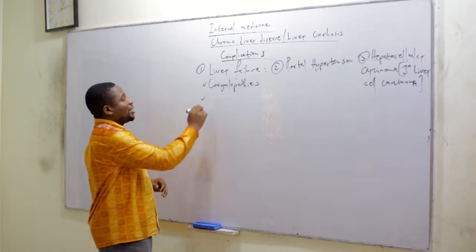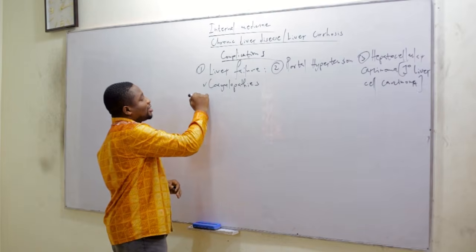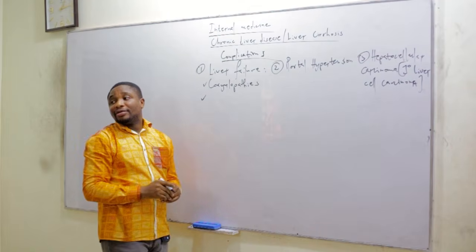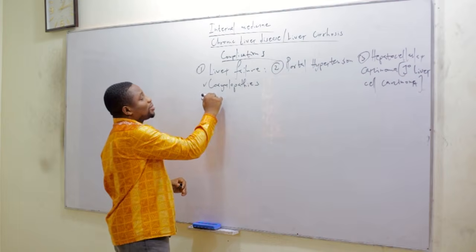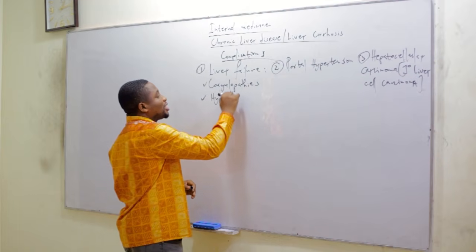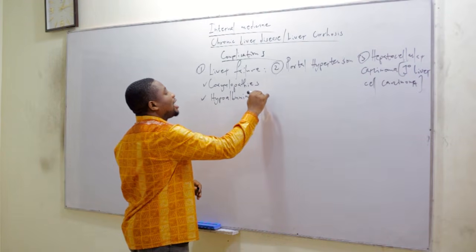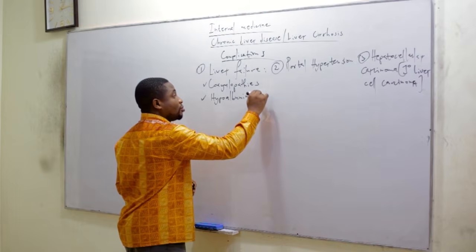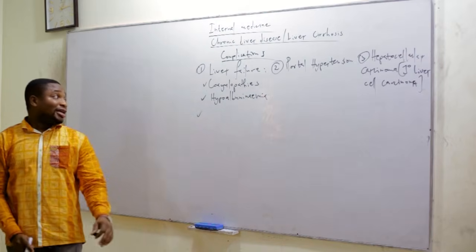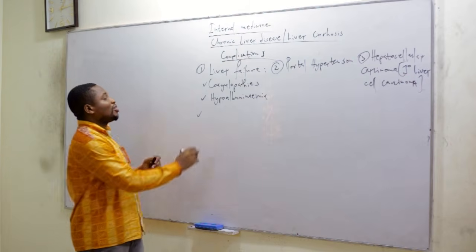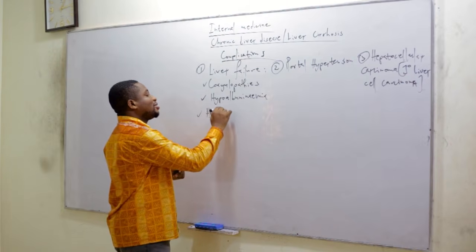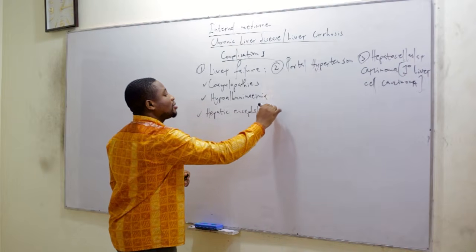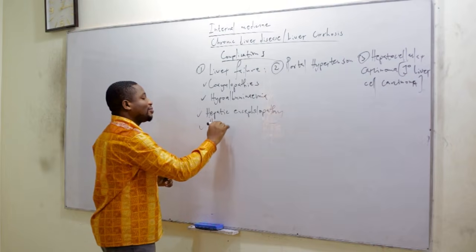We can also think of hypoalbuminemia, because albumin will not be produced again. We can also think of hepatic encephalopathy. We'll come back and talk about some of them. We can also think of hypoglycemia.